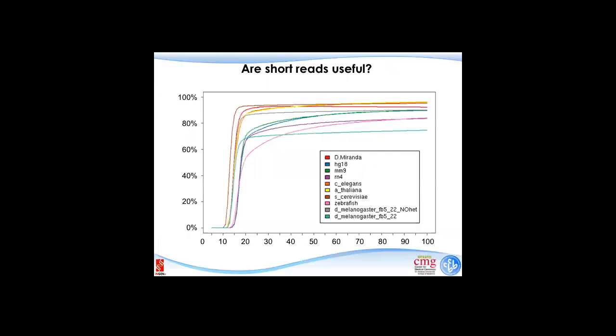Okay, so in a very, very early phase, back in 2006, 2007, the first version of Illumina, at that time called the Solexa sequencer. Any of you know what the read length is?